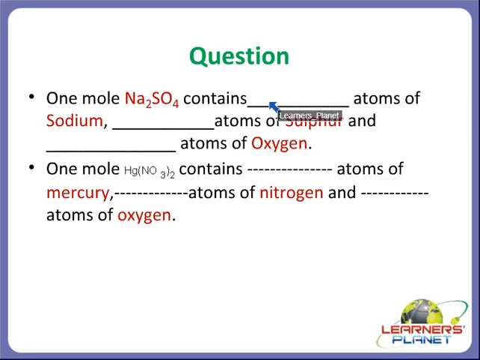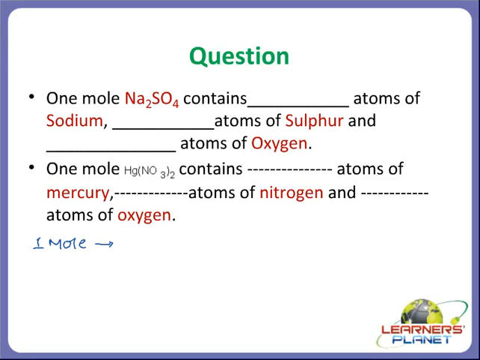Now children, moving to our next question, it is: 1 mole of Na2SO4 contains dash atoms of sodium, dash atoms of sulfur and dash atoms of oxygen, right? Now first tell me, what is 1 mole?